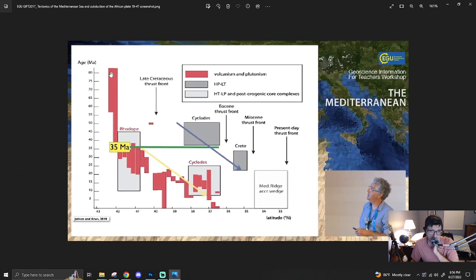This was pretty interesting. Late Cretaceous thrust front, which really started at 42 degrees north until around 35 million, and then went 5 degrees south over the next 30 million to present even.